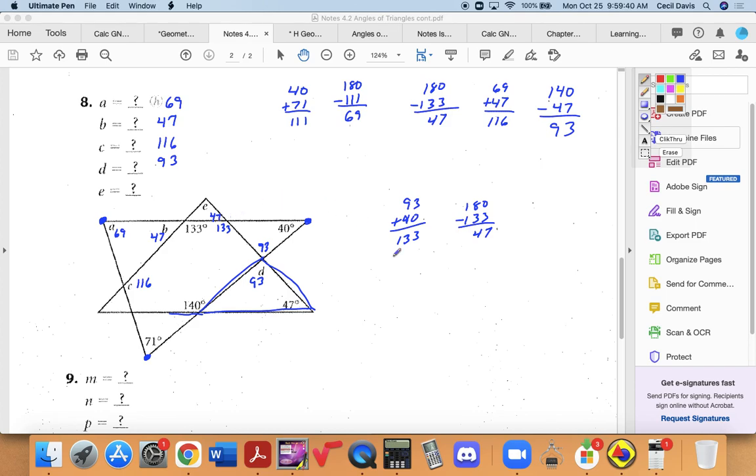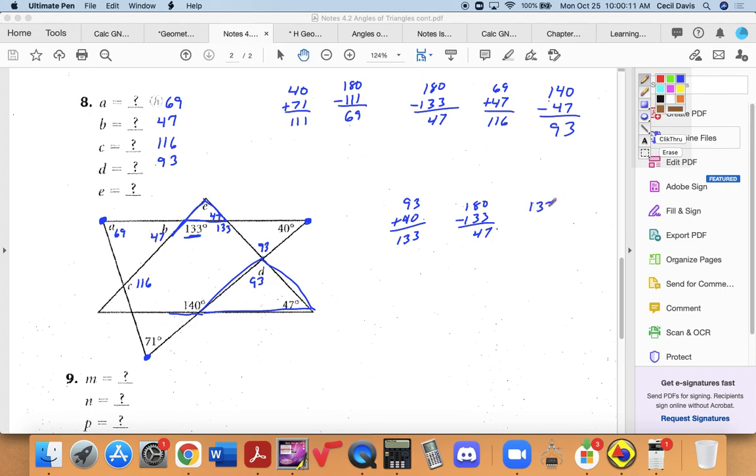And then from here, there's a fast way to find E and there's a slower way. The slower way would be to find that this angle was 47 and then do the angles of the triangle add up to 180. The faster way would be to look at this triangle, and the 133 out here is an exterior angle. So the exterior angle is equal to the sum of its two remote interior angles, specifically E and 47.